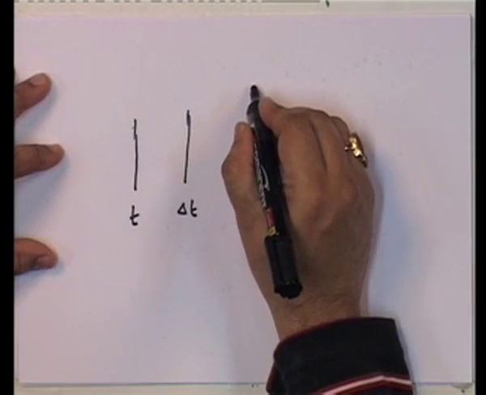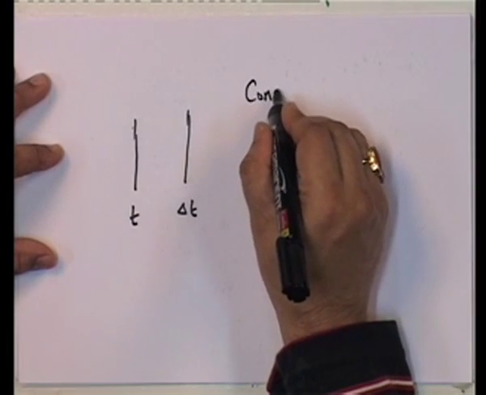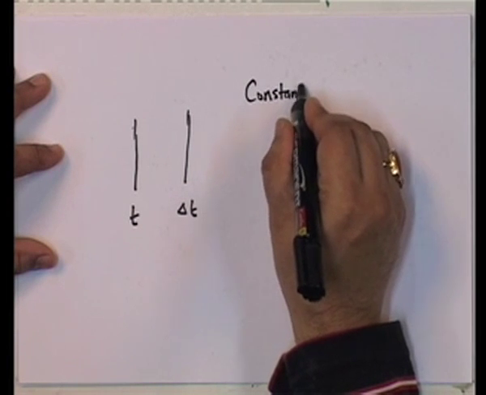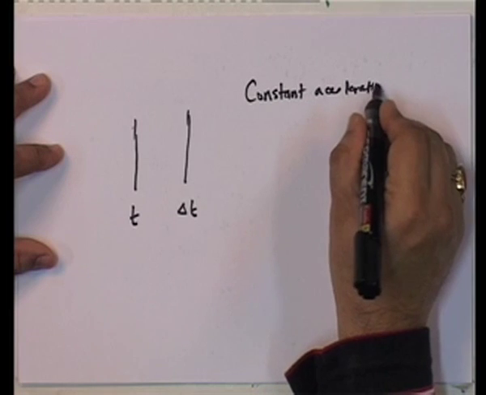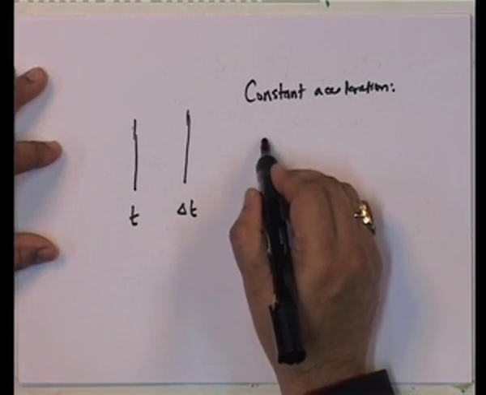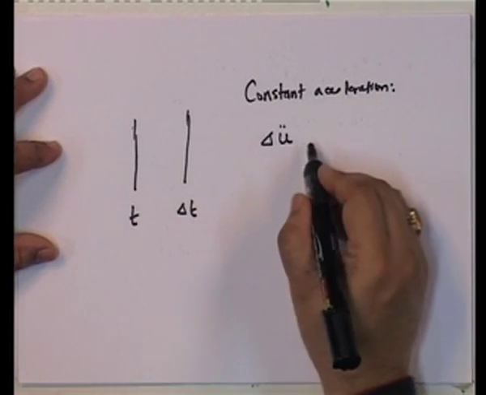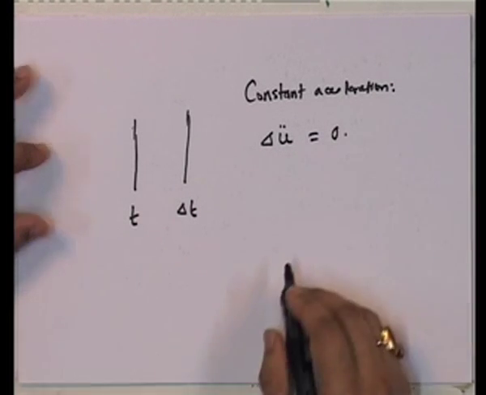So, you have constant acceleration, where you say that look, delta u double dot is equal to 0.